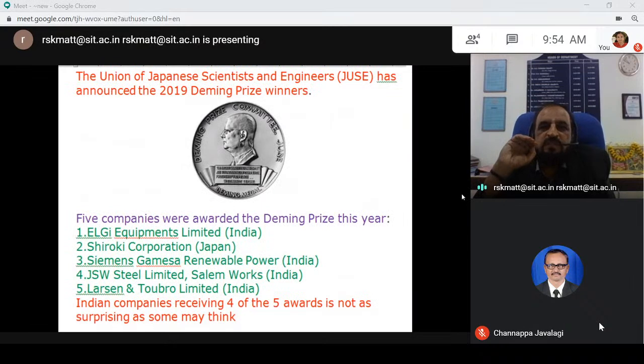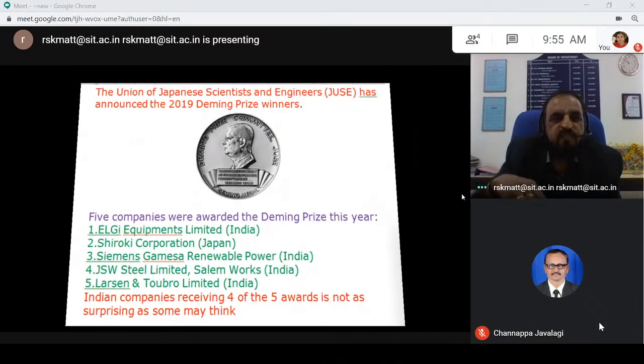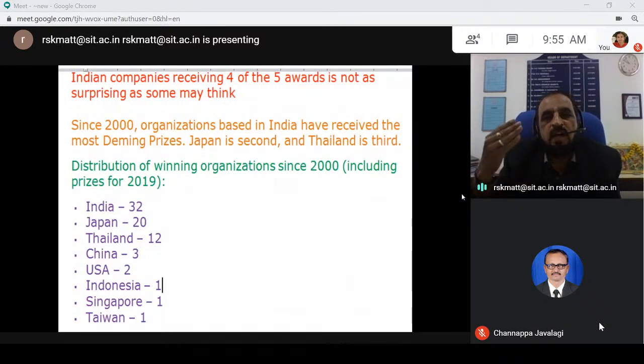The Union of Japanese Scientists and Engineers has announced the 2019 Deming Prize winners. Five companies were awarded the Deming Prize this year: LG Equipments Limited India, Shiroki Corporation Japan, Siemens Renewable Power India, JSW Steels India, L&T India. The Indian companies receiving four of the five awards is not as surprising as you may think.